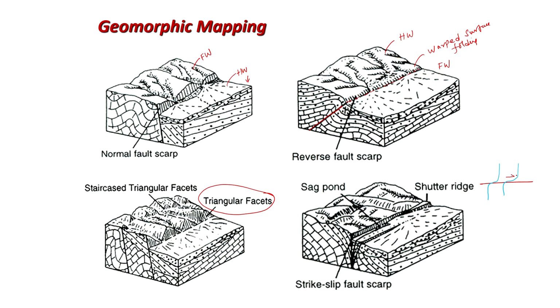So, this portion is moving this side and this portion is moving this side. So, this becomes a sort of left lateral strike slip. This part, as I told, we will be learning in detail when we are talking about the different faulting environments.